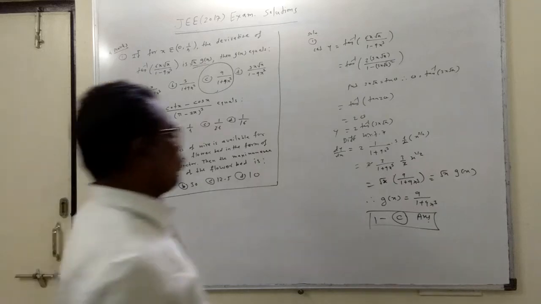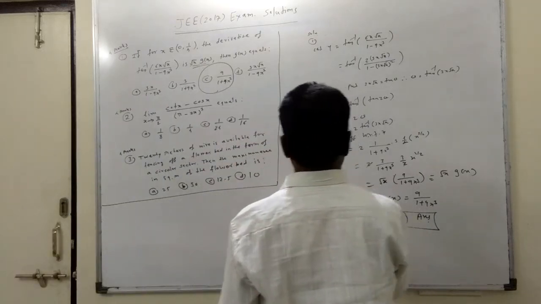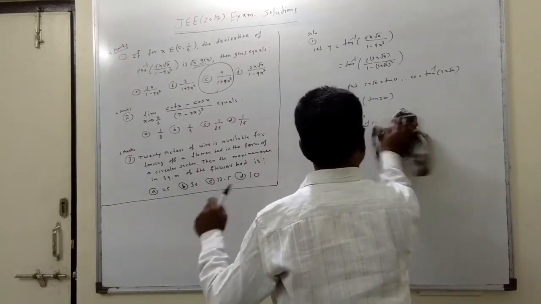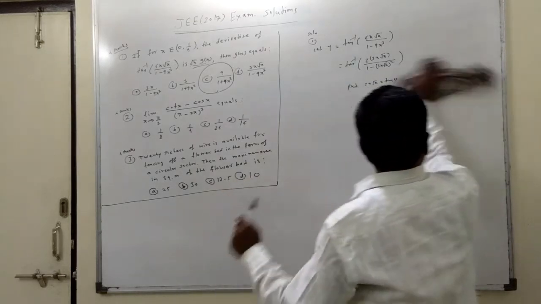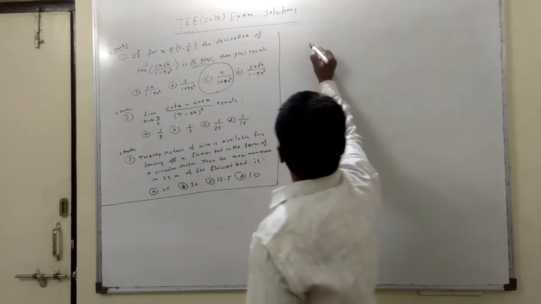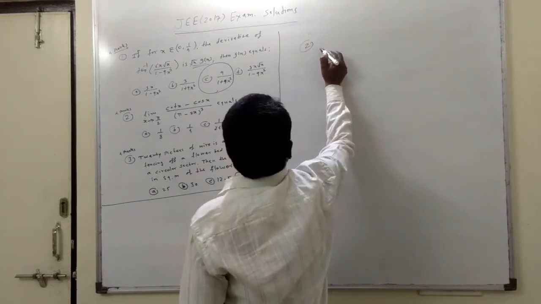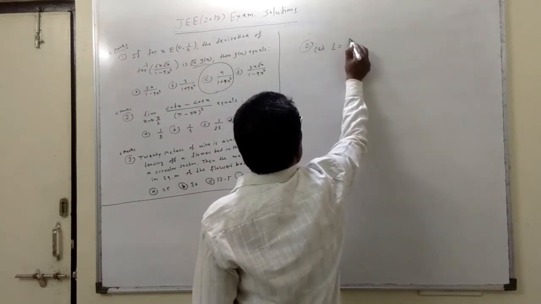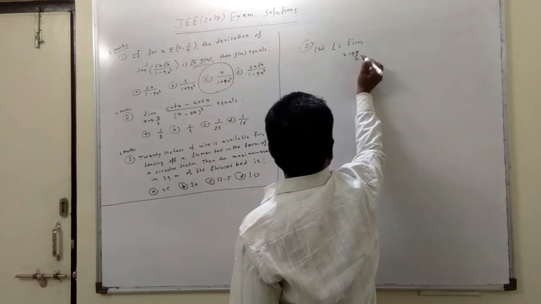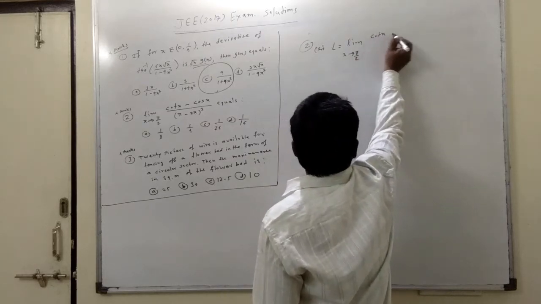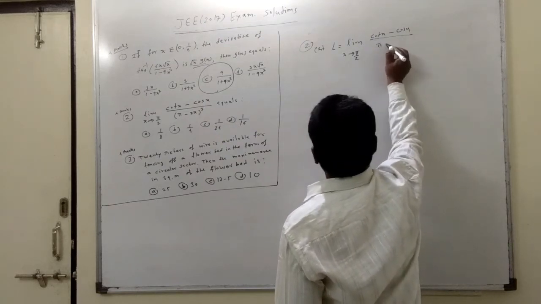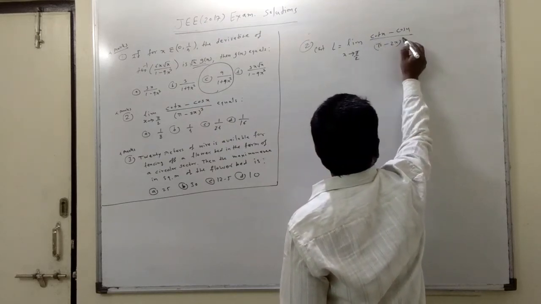Now the second example we will solve is based on limits. Let L is equal to the limit as x tends to pi by 2 of cot x minus cos x divided by pi minus 2x, whole cube.